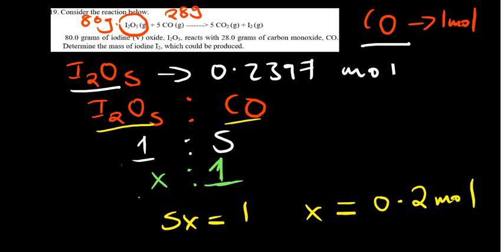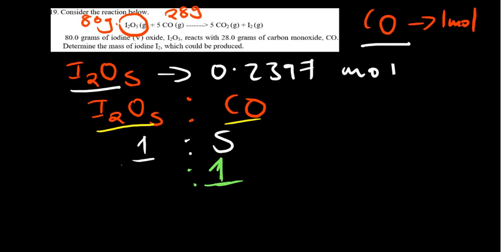So what does that mean? Compare the 0.2 moles that we've calculated with the actual value that we have. This means that 0.2 moles of iodine 4 oxide can react exactly with 1 mole of the carbon monoxide, which is what we have in the question.